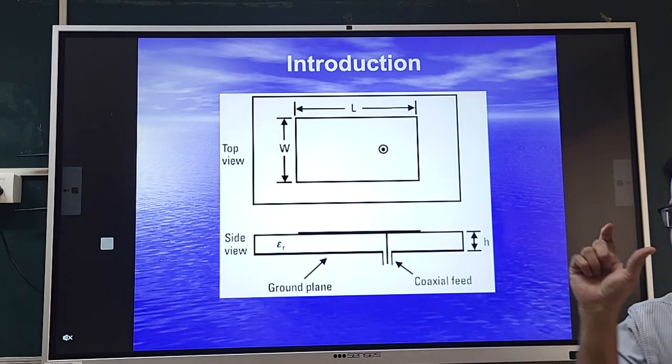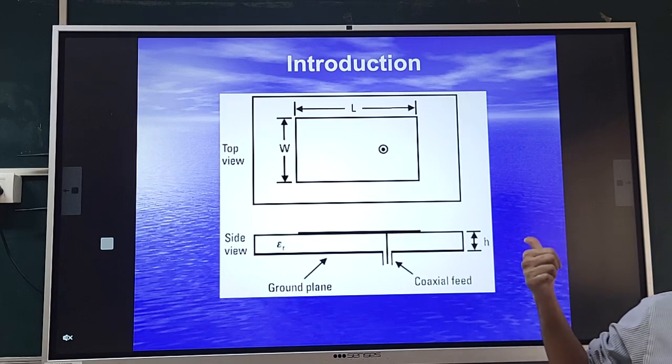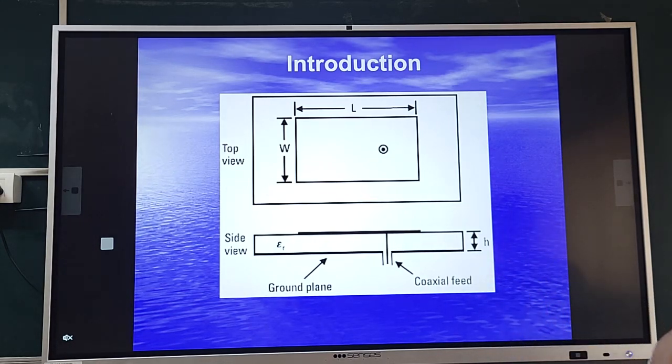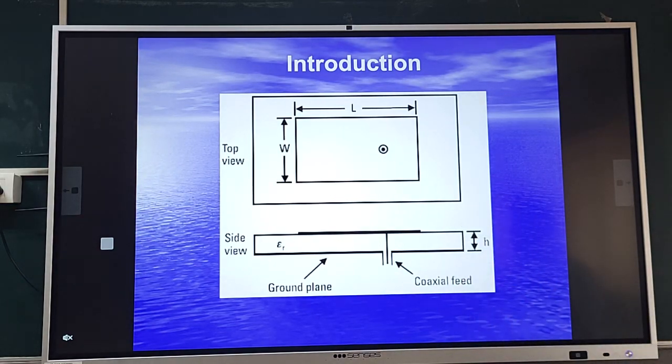If I just want single antenna testing, without integrating it with other systems, which doesn't require system on chip integration, then a microstrip antenna using a coaxial feed is the most commonly used. In fact, in most of your projects, we are going to use this coaxial feeding technique. In some cases, we will use proximity feeding also, which I will tell you a bit later. So the coaxial feeding technique is the simplest.